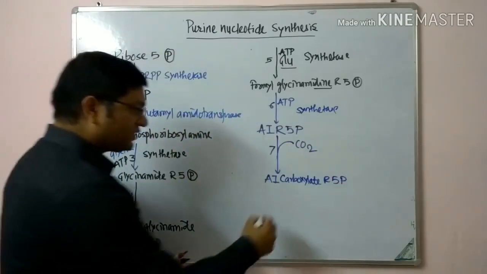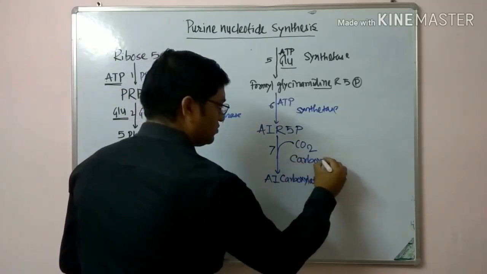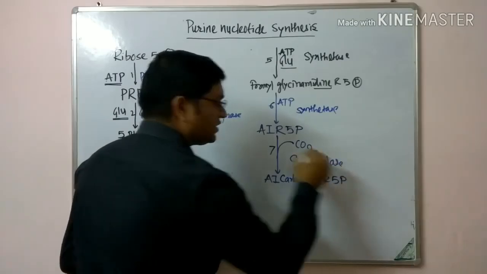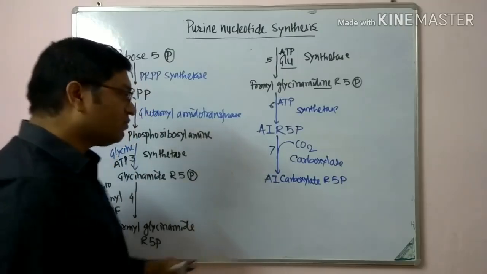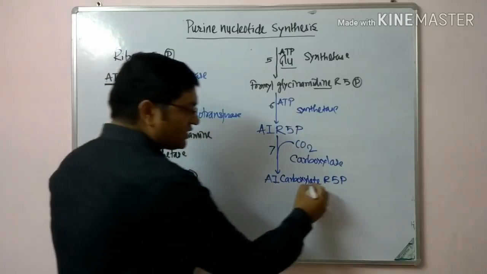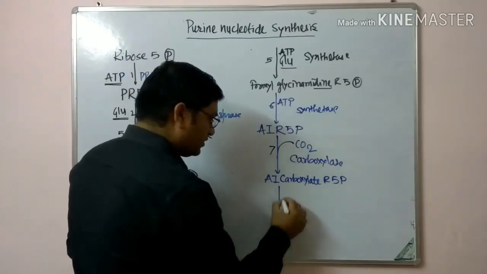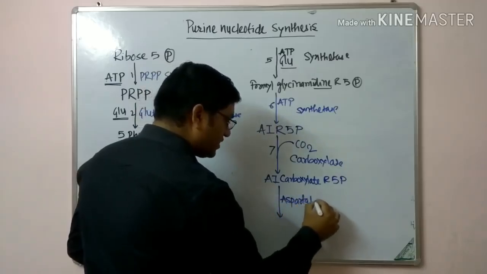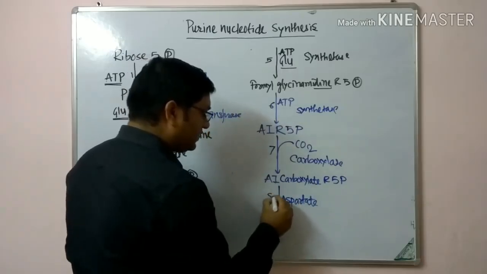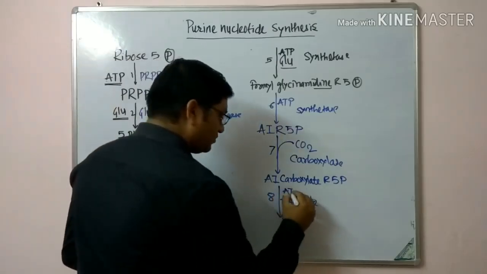In the seventh reaction, this is carboxylase. This is a biotin independent reaction. It does not require biotin. This amino imidazole carboxylate ribosyl 5-phosphate, there is addition of aspartate here. This is an amino acid. In the eighth reaction, it also requires ATP.